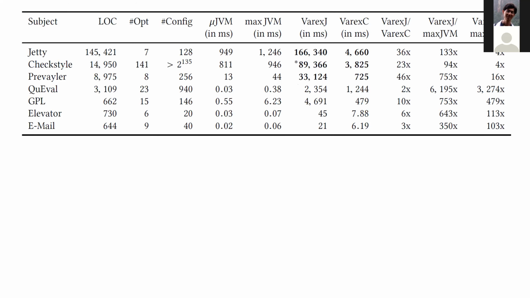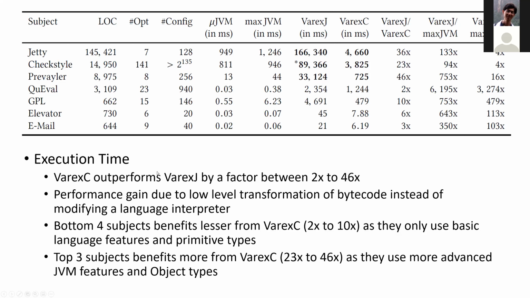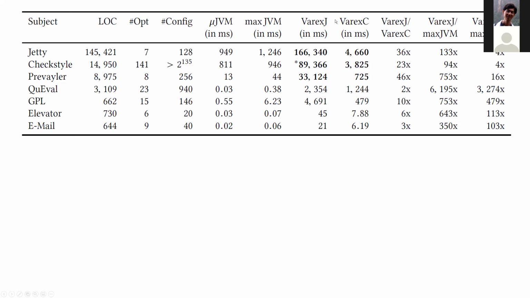This is one of the main result tables, for the execution time. May I go through it first? You see this is the lines of code, and this is the number of possible options, and the total number of possible configurations based on the number of options.